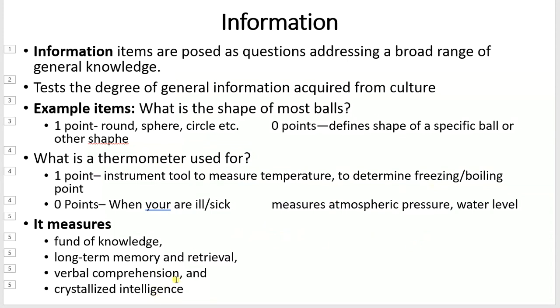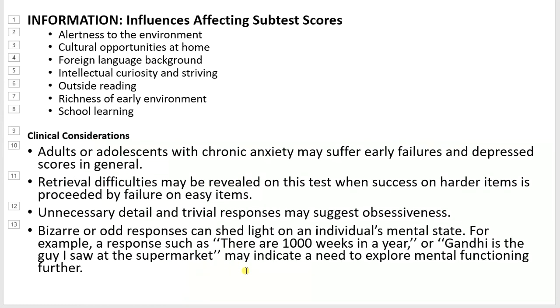It measures fluid knowledge or fluid comprehension, fluid intelligence, long-term memory and retrieval, verbal comprehension, and crystallized intelligence as well, because it will be influenced by schooling and other factors.